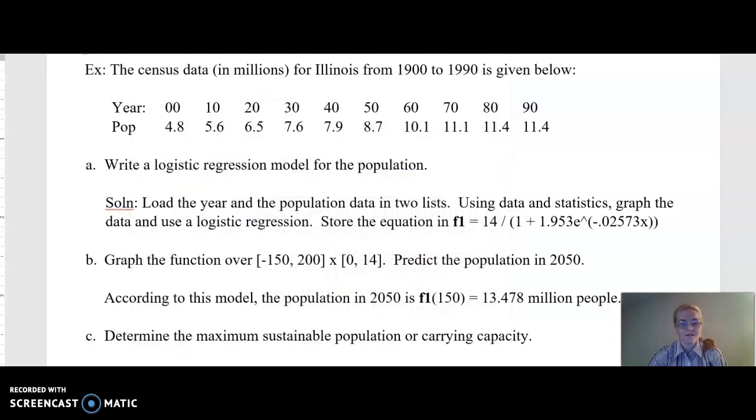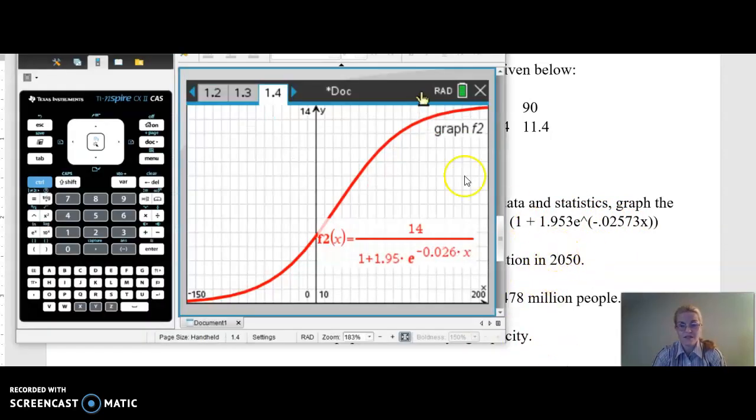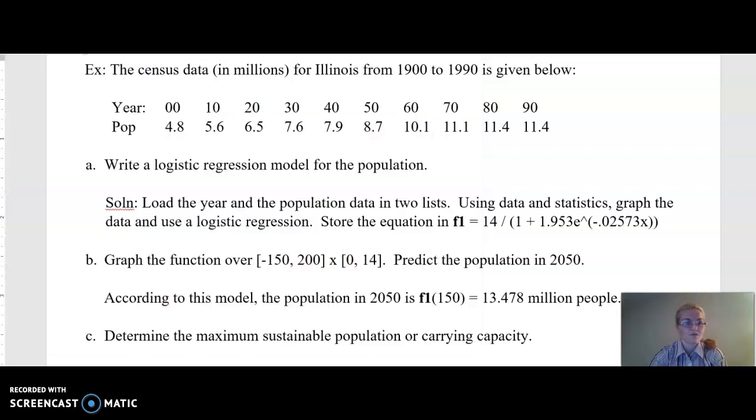So, write a logistic regression model for the population. We get that equation from our calculator. Graph the function and predict the population in 2050. All right, so to predict the population in 2050, let's think a couple things. First, 2050, if I subtract 1900, because that's when x equals 0, x is going to be 150. So I want to plug 150 into my function.